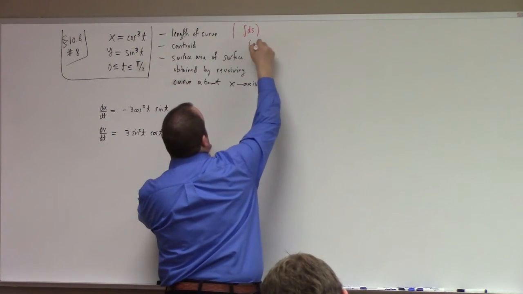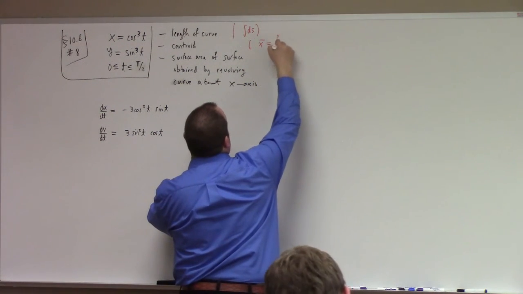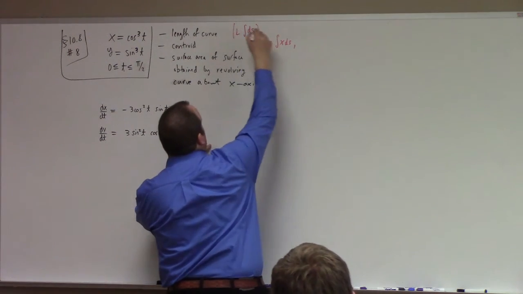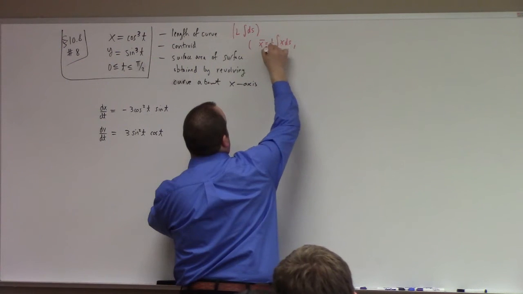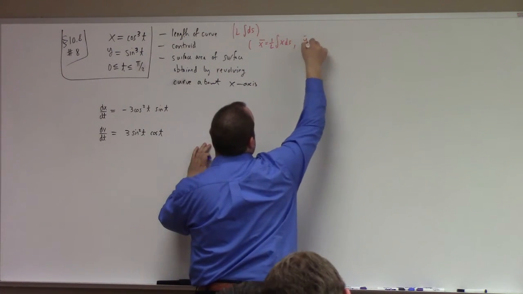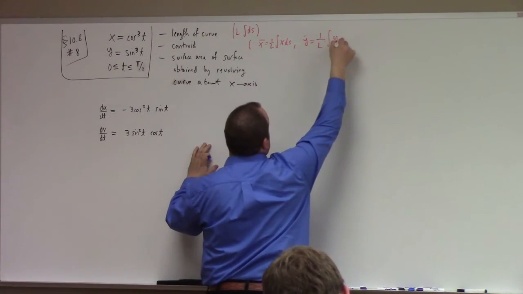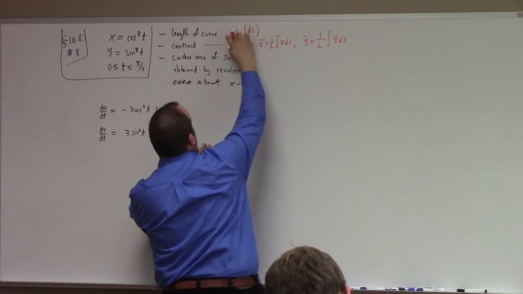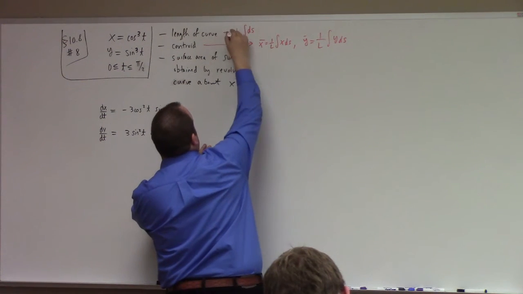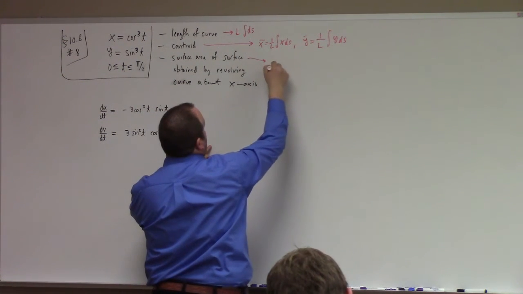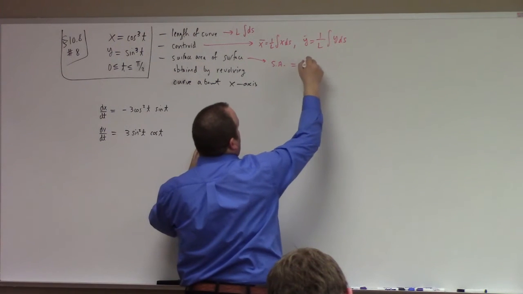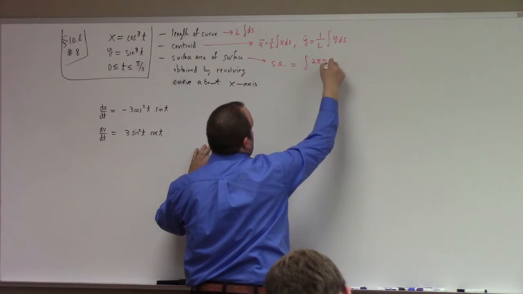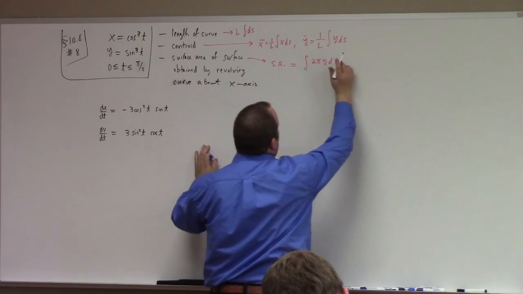The centroid, we're calculating x bar, which is 1 over L times the integral of x ds. Oh, I'm sorry, I need to call this thing L, the length. And y bar is 1 over the length of the curve times the integral of y ds. That's that. Surface area, as we worked out the other day, is the integral of 2 pi y ds.